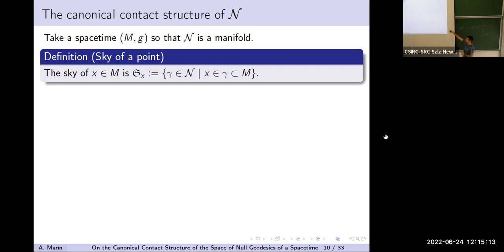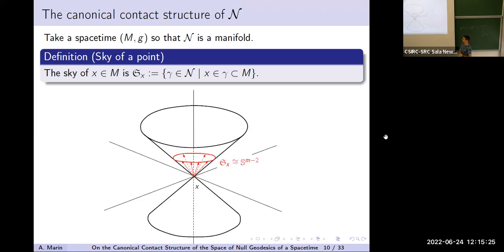So if I fix a point x of my spacetime, the sky of x is the set of geodesics that contain the point x. And this is going to be at least a subset of my space of null geodesics. Well, it's not only going to be a subset, it's actually going to be a submanifold. And the way to see it is as follows. Recall that we saw the space of null geodesics as a quotient of a bundle of cones. So I can take my point x, for which I want to compute the sky.